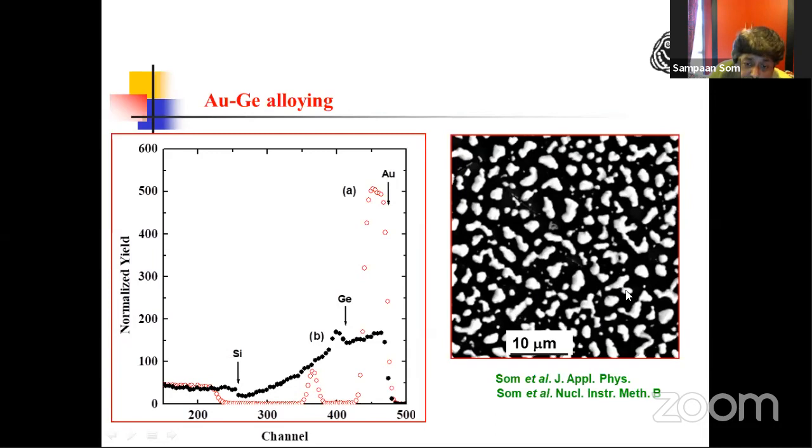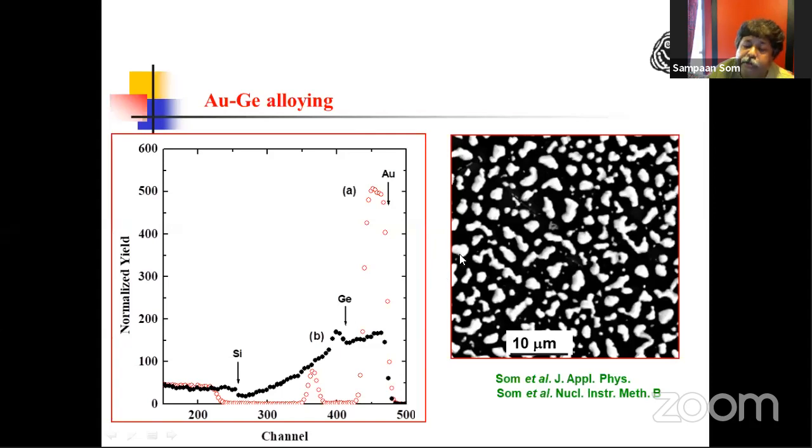And then what happens, you can imagine, when it was a continuous layer, individually within each layer, almost at the same rate, energy was getting lost as the projectile ion was penetrating deep within. And the signal was looking like this in the RBS spectrum. But now these islands are there.